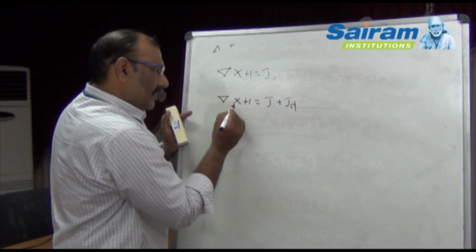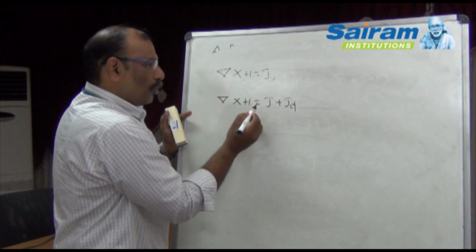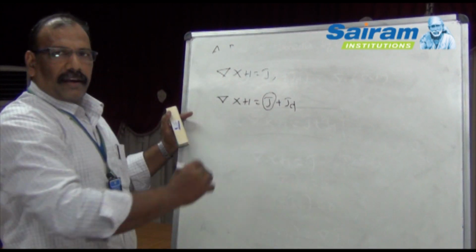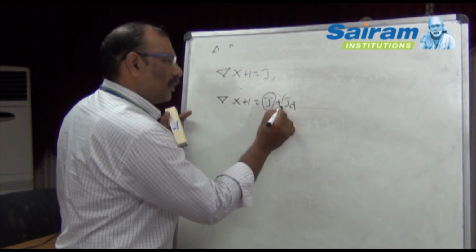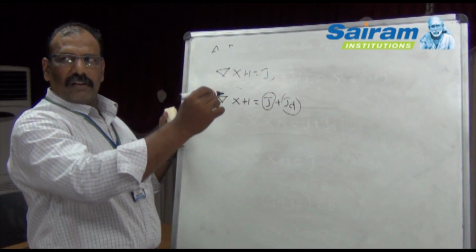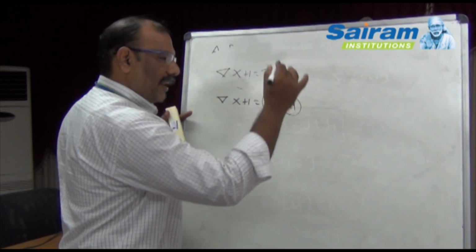That means the magnetic field is induced due to the conduction current I. Also, the magnetic field is induced due to the displacement current, that is, a change in electric field.